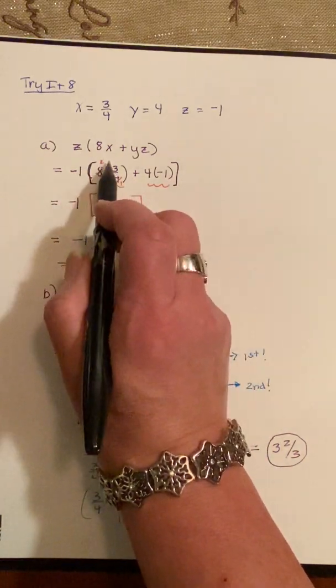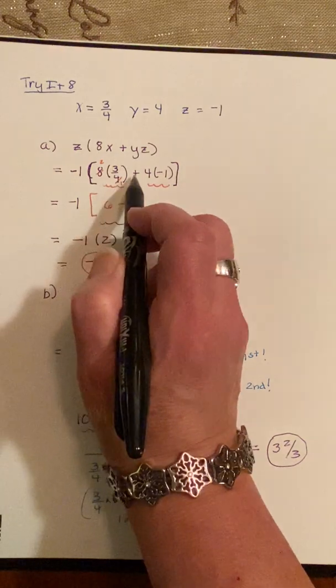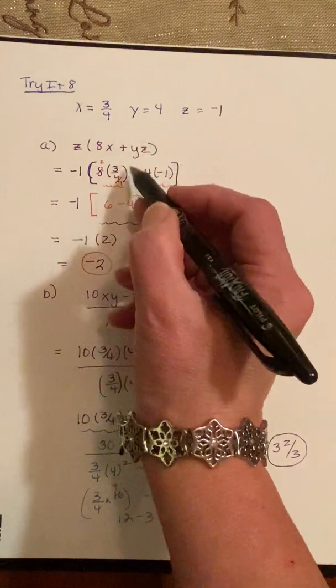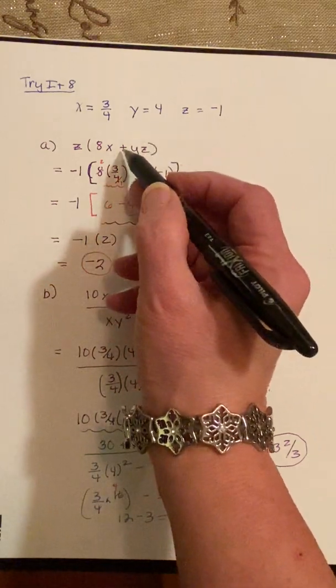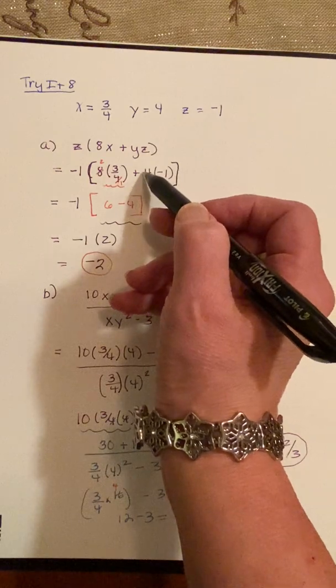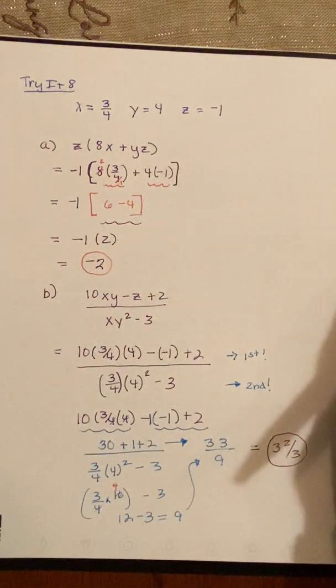So 8 times 3/4, which is x, plus 4, and it's a plus 4 because 4 is positive. Also, I have plus here, so it's just plus 4, and then times the negative 1.